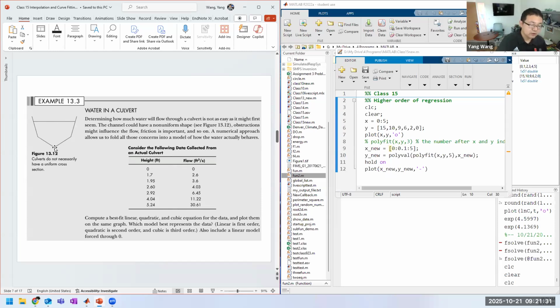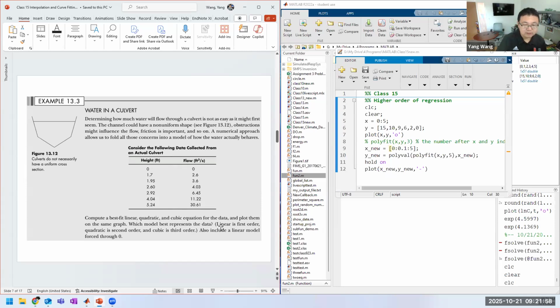Of course, we know the higher the height, the stronger the flow. But as you go to the lower height, because the cross-section area is smaller, then the flow is going to be much smaller. So a numerical approach allows us to fold all these concerns into a model of how the water actually behaves. It wants us to compute a best fit linear, quadratic, second order, cubic equation for the data and plot them on the same graph.